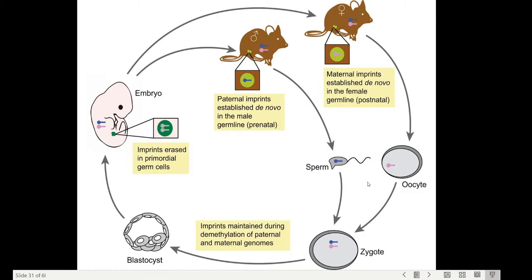After this, the sperm enters the oocyte to form the zygote. After zygote formation, the blastocyst develops, and after blastocyst development, the embryo will form.